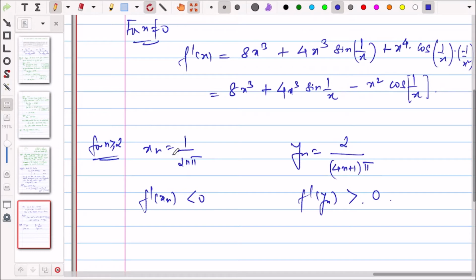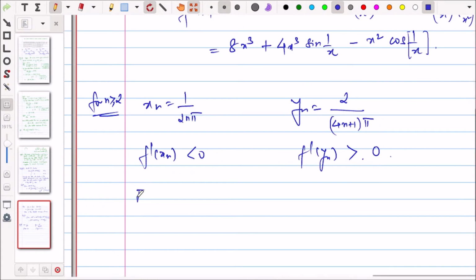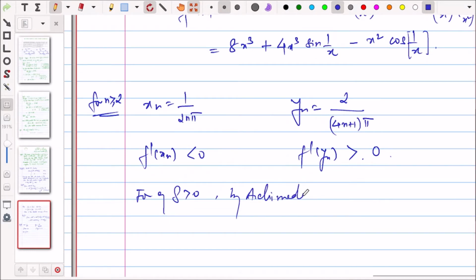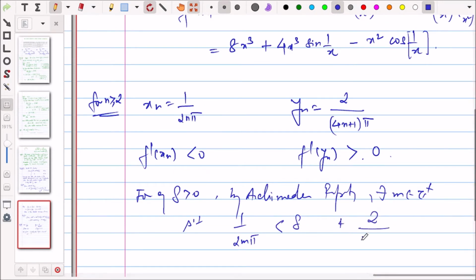Because if you take any delta, by Archimedean property you will be able to find some n such that this will belong to that interval c to c plus delta, right? If you take any delta greater than 0, by Archimedean property there exists a positive integer m such that 1 by 2m pi is less than delta, and also 2 by 4m plus 1 pi is less than delta.